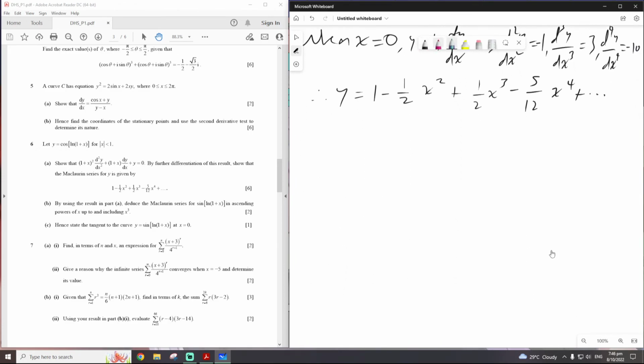By using the result in part A, deduce the Maclaurin series for sine ln(1 plus x). Okay. So, not 3b, 6b.